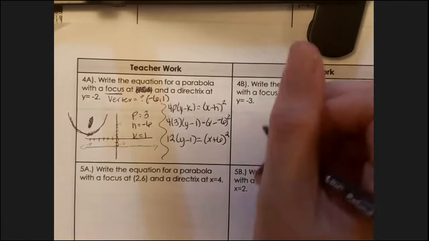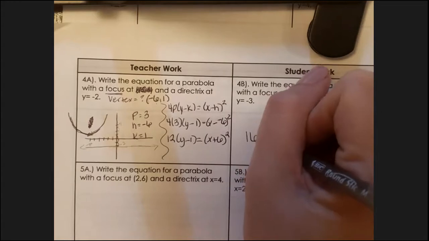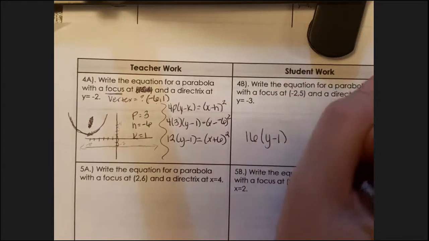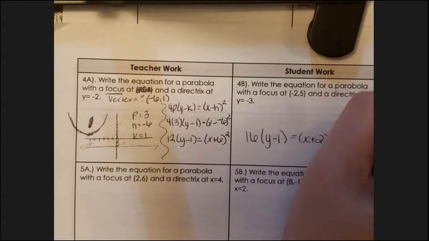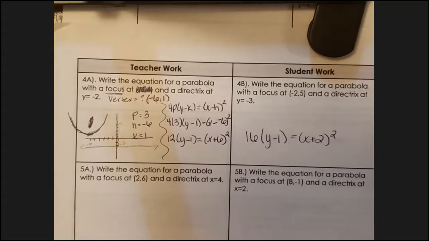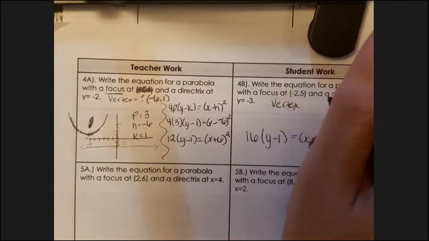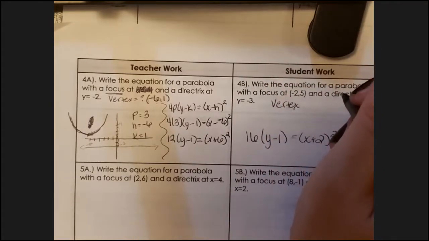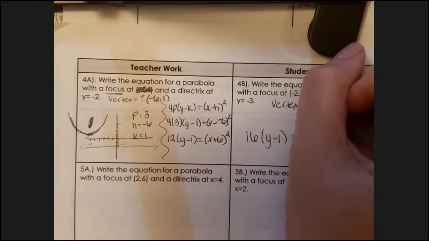All right, so what you should have gotten here for this is 16 times y minus 1 equals x plus 2 squared. Your vertex, I actually messed this up the first time that I did it, and another teacher had to point it out to me. So there's no shame in making mistakes.